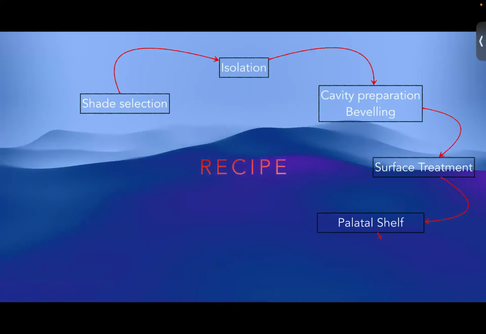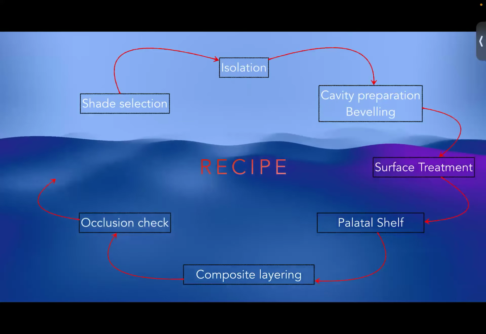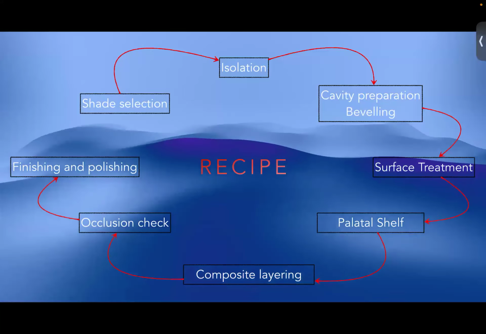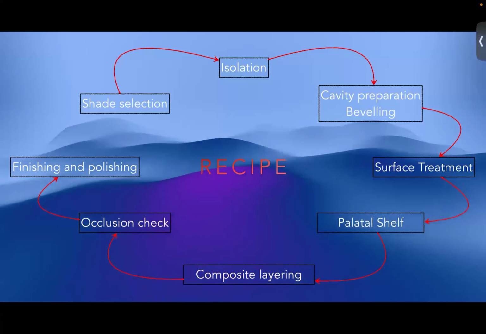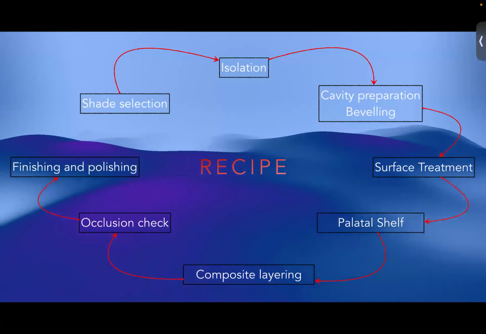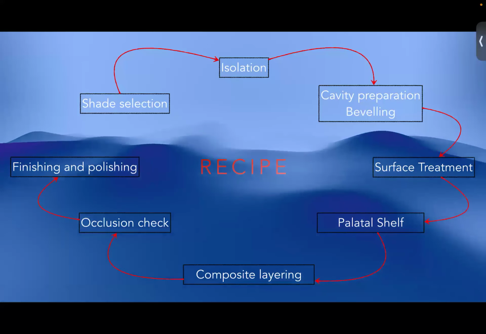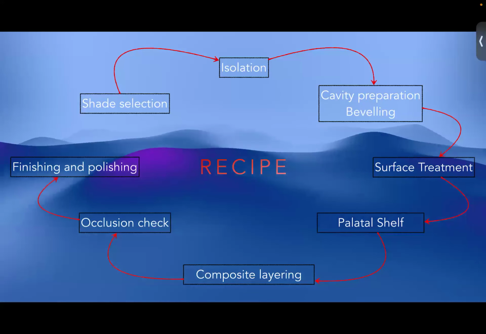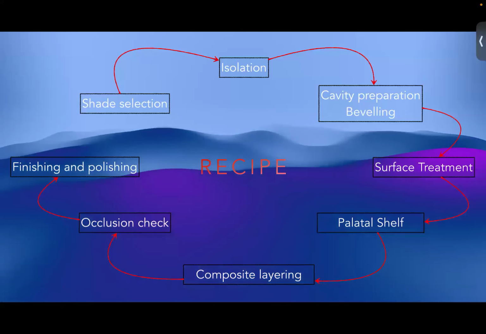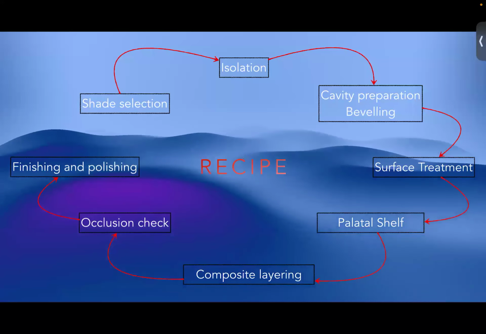I would really appreciate it if you find your own recipe, because I really don't want you to just blindly follow someone's procedure or protocol and probably not have the best results. I would want you to experiment, obviously not with patients, do it on typhodont, and come up with your own recipe which is going to be simple for you, right?